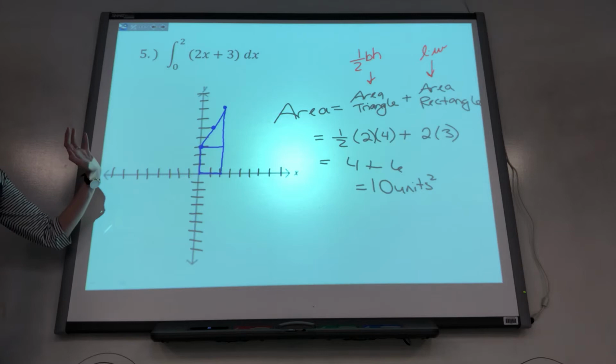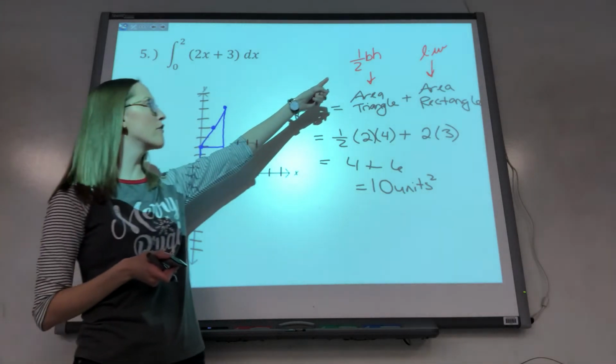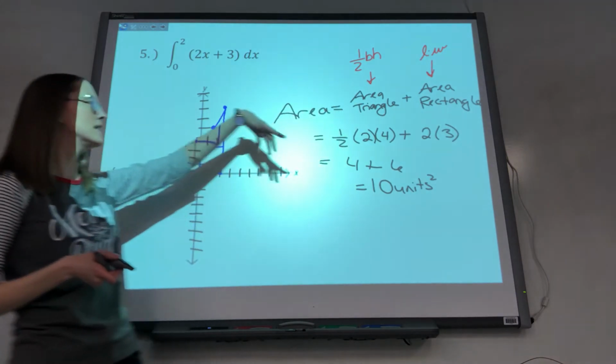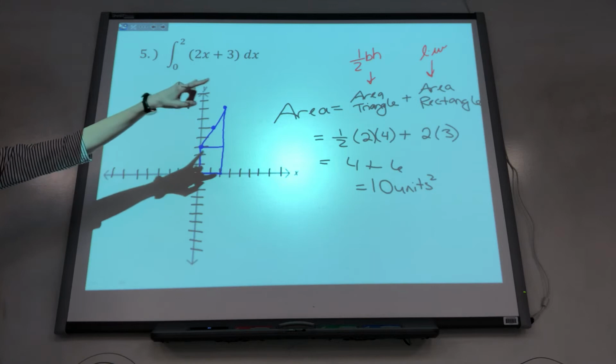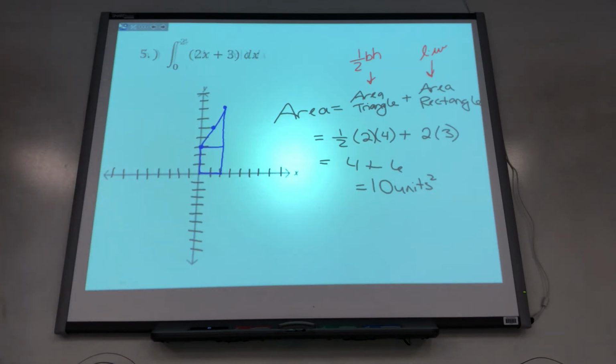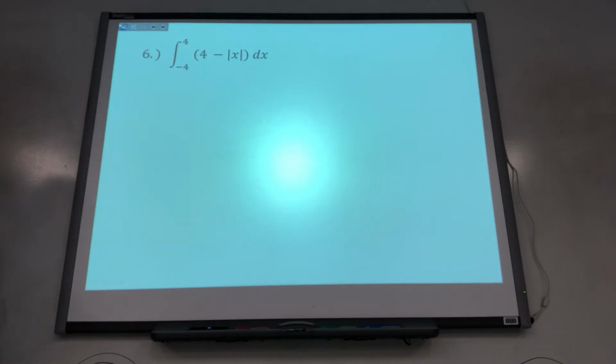Okie doke. I've got one more of these, and by the way, you really shouldn't need any other formulas today besides those. On every problem, you can either do a triangle or a rectangle or both to figure out what that area should be. All right, last one here, number 6.